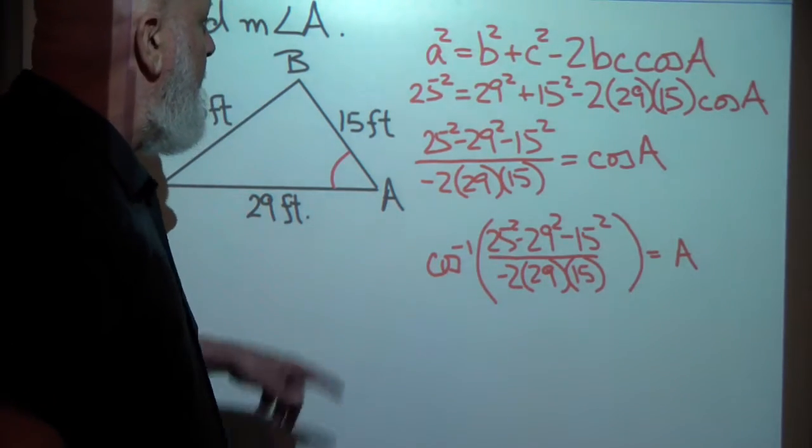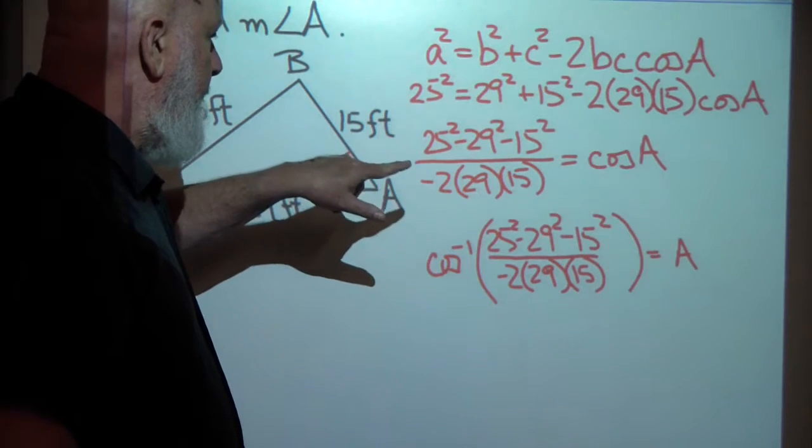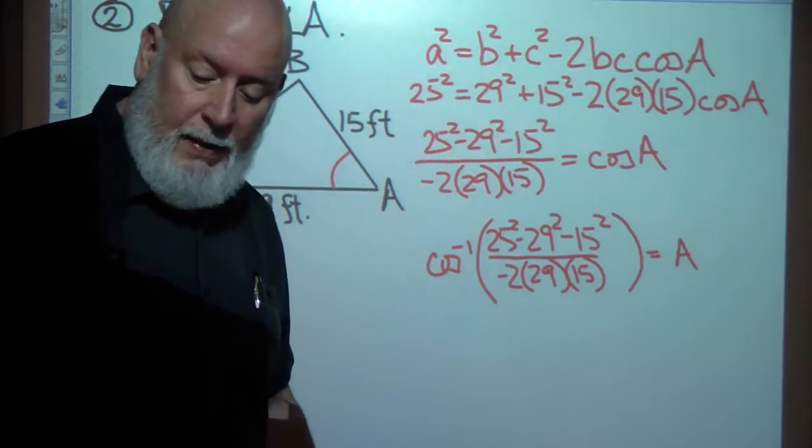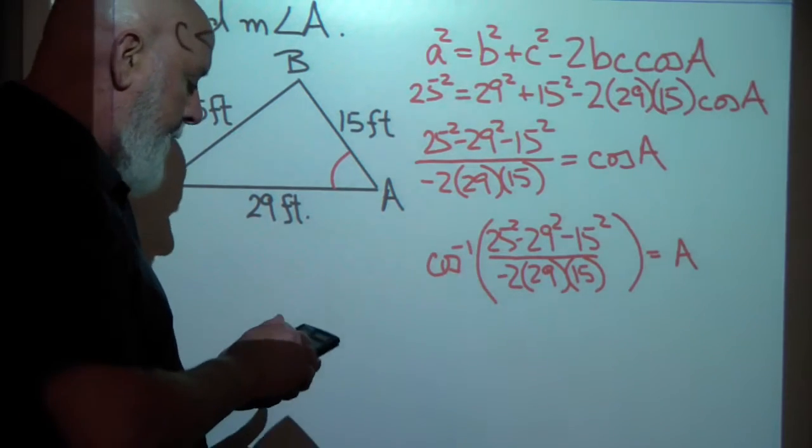I hope I haven't. I don't see any mistakes there. Doesn't mean I didn't make one, just means I don't see it if I did. So let's see what we get.